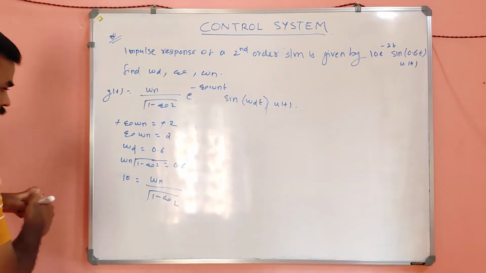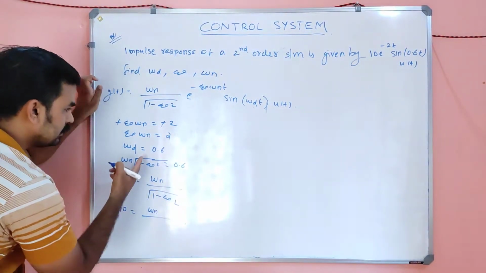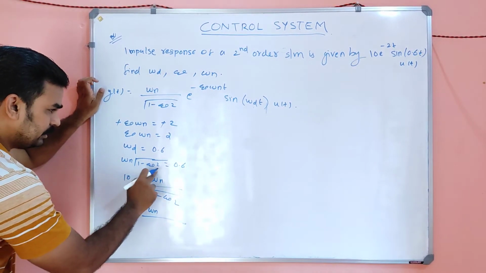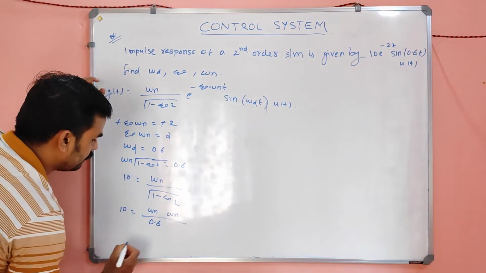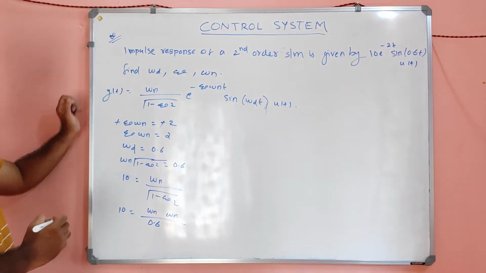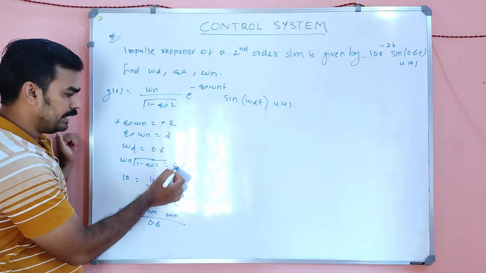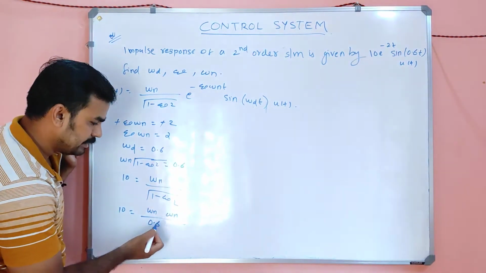Simply you can substitute. 10 will be equal to omega n divided by root of 1 minus theta square, and that is nothing but 0.6 by omega n. So instead of this, I can substitute 0.6 by omega n.